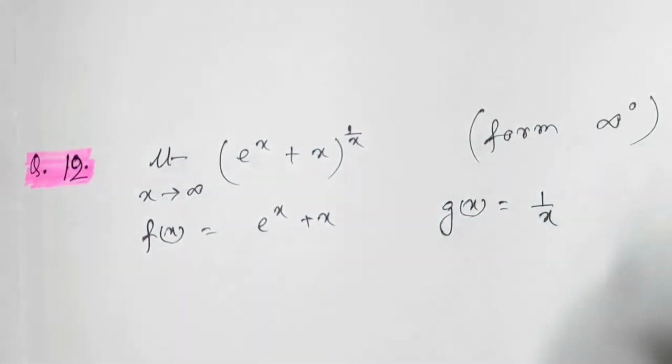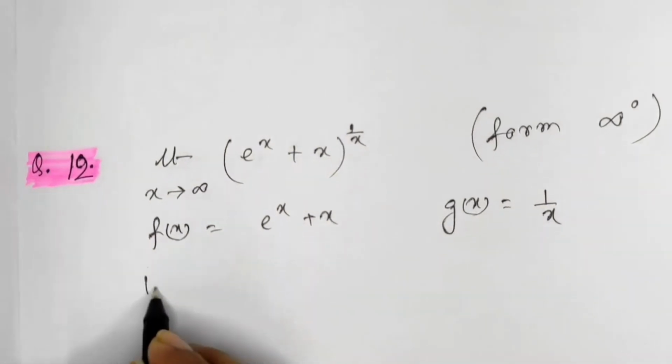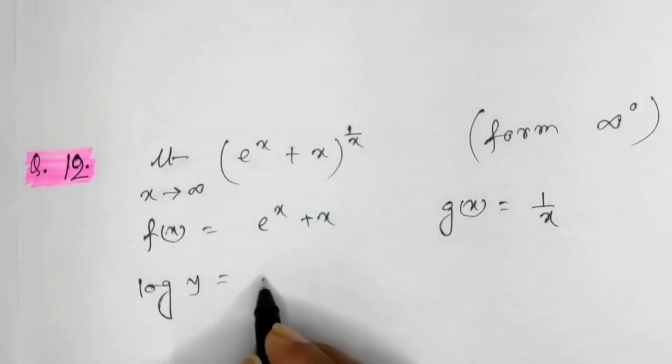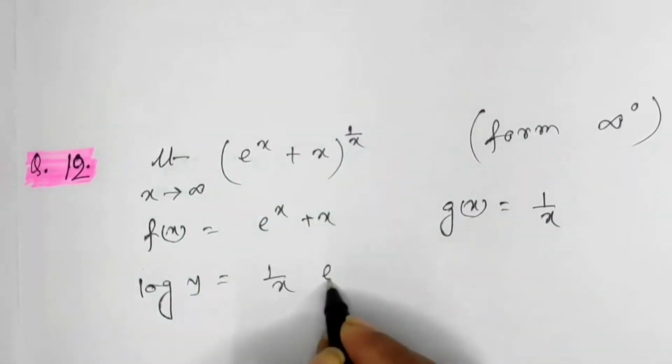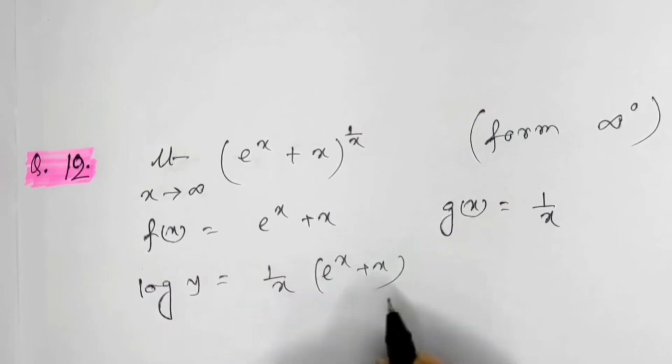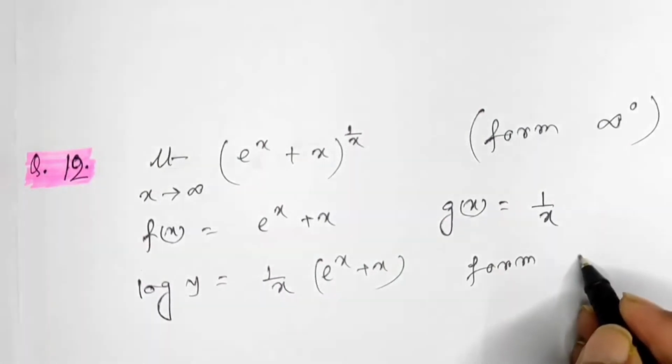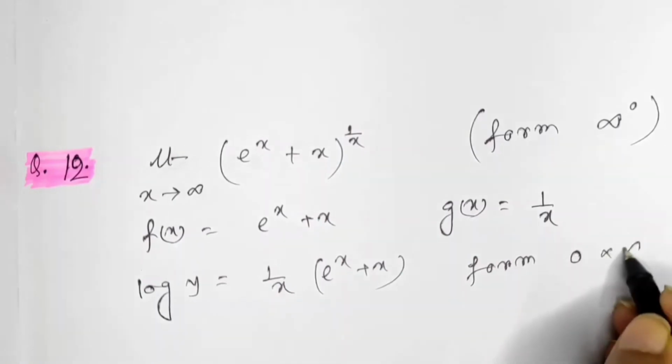So if this form is there, then also we will do the same thing. We take the log on both sides and we shall find out log y. If we say this one is y, then log y is equal to 1 upon x times log of (e to the power x plus x). So this is in the form of, now it is 0 into infinity again.